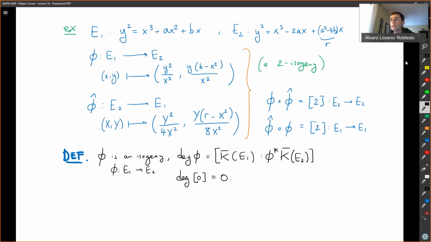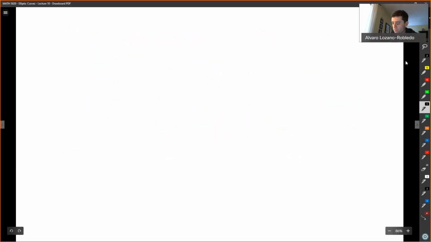Great. So now what we're going to prove is that isogenies, which were not by definition homomorphisms, are actually homomorphisms for free. If I have a morphism that sends 0 to 0 between elliptic curves, it is actually a group homomorphism.